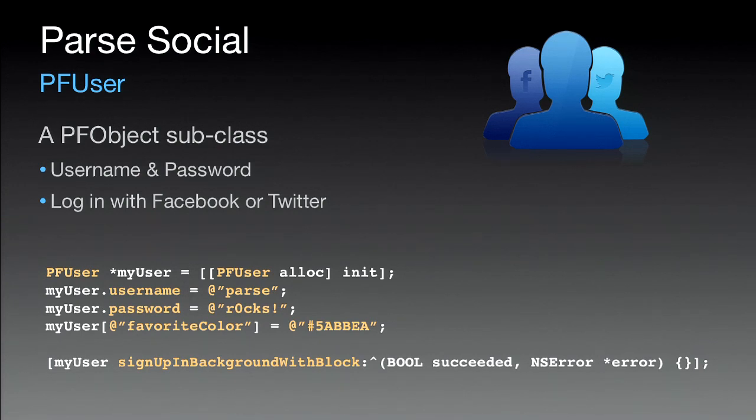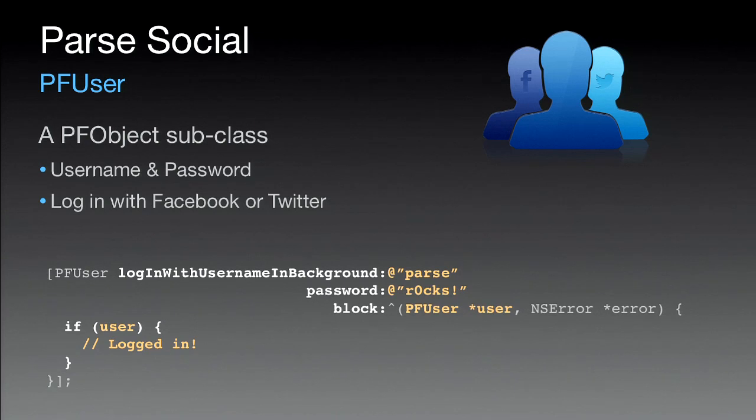To sign up the user, again, it's just one line, and that's it. Now, to log in, to let your users log into your application, it's very similar. We provide a login method, give it the username and password. If the username and password are correct, you will get a user back. If they don't match, you'll get an error.